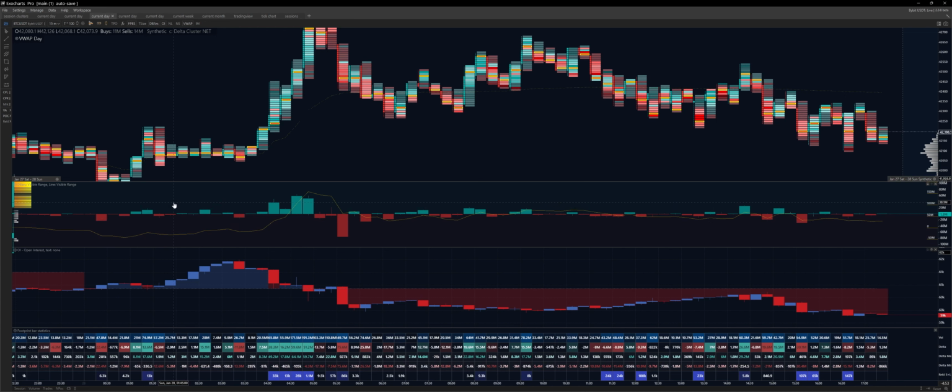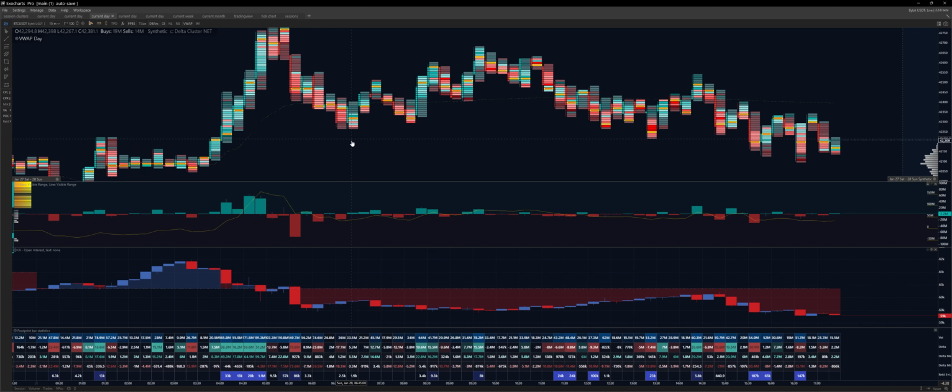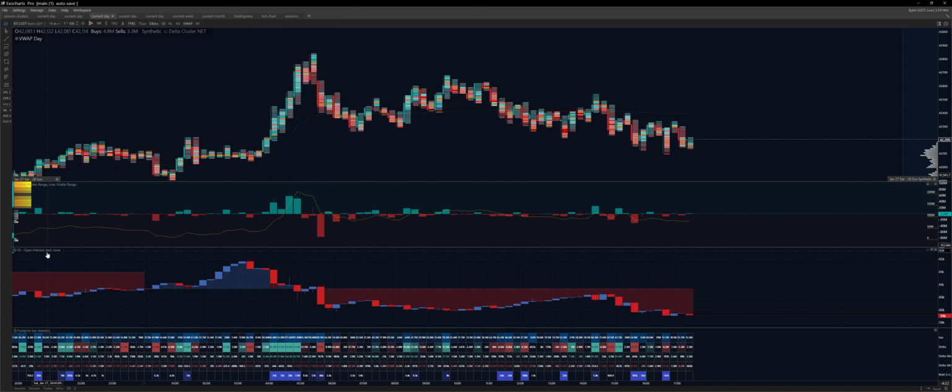Together with the delta, from this we can deduce that these are new shorts. Essentially here, it's a very small increase, but still a green increase in open interest. So new positions and green delta means that there have been more longs opening than shorts opening. Okay, so much for that.